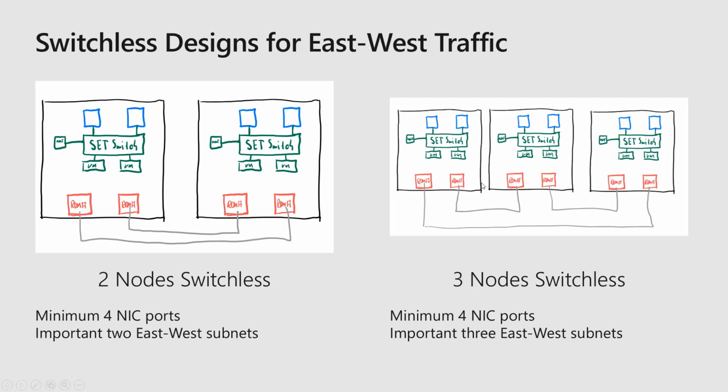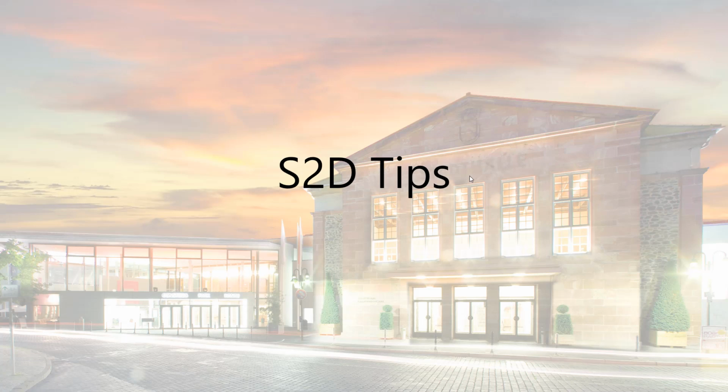Every node must be able to talk to the other nodes. So in this example, node 1 is connected to 2 and to 3, 2 is connected to 1 and to 3, and 3 is connected to 2 and 1. We have to use 3 SMB networks here, and then it will work. And this scenario is now supported by Microsoft.